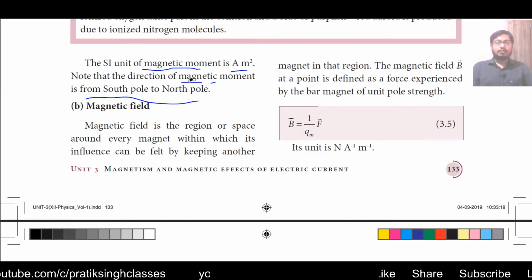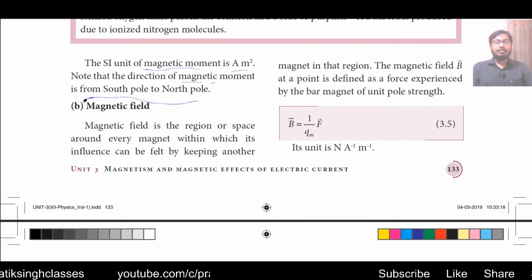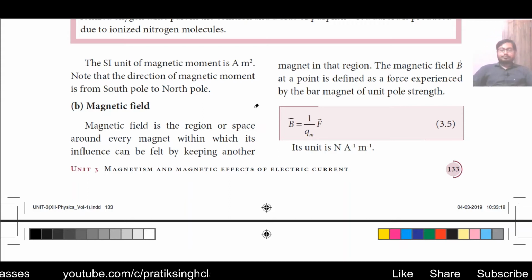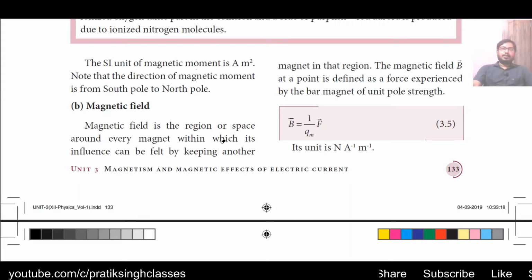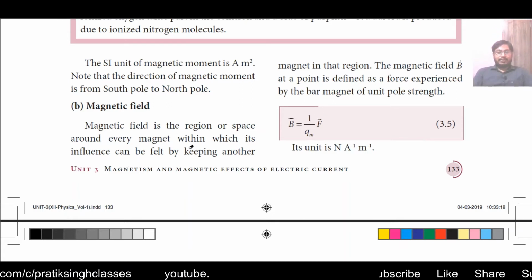Fine. The next topic is magnetic field. In our previous videos, when we were studying units 1 and 2, we have seen electric field. The same thing we'll see about magnetic field.